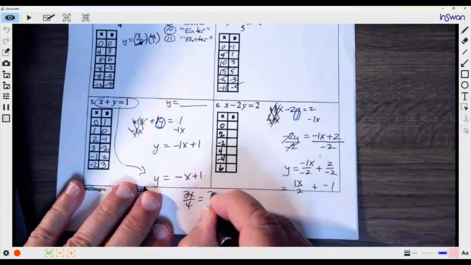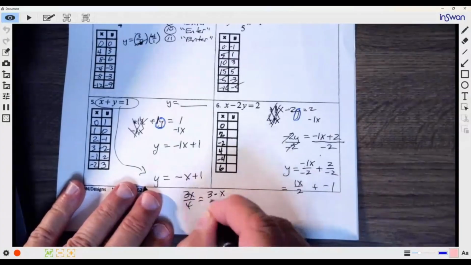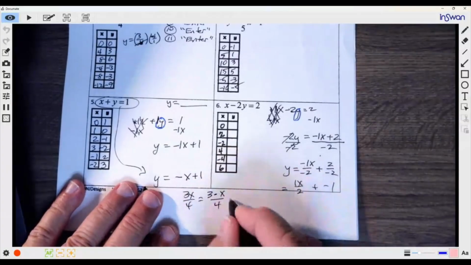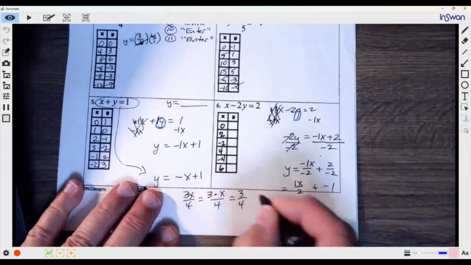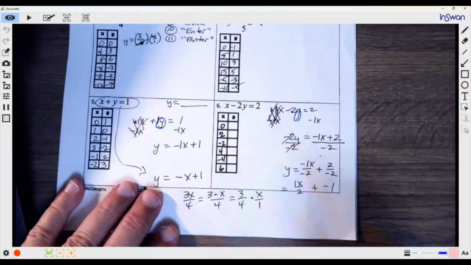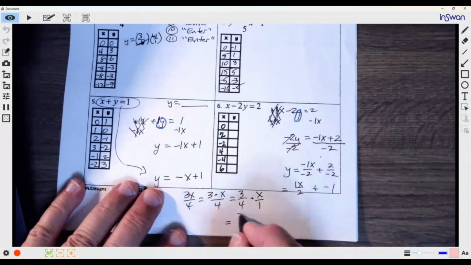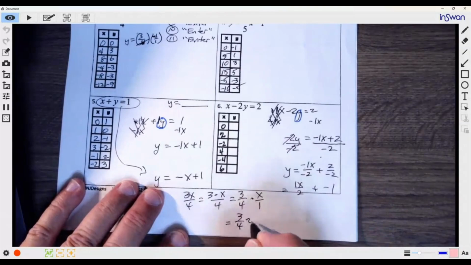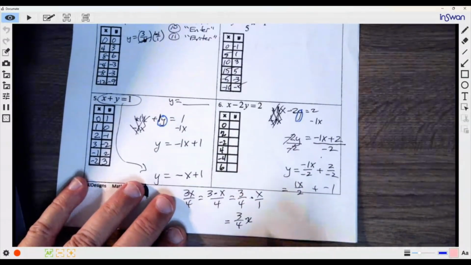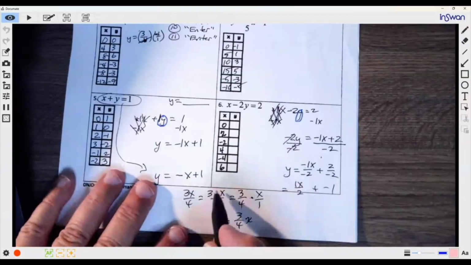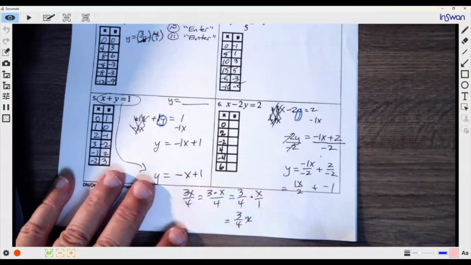This means 3 times x over 4, which means that we can pull the fraction part out, which means the variable can be written next to the fraction bar. This and this are the same thing.